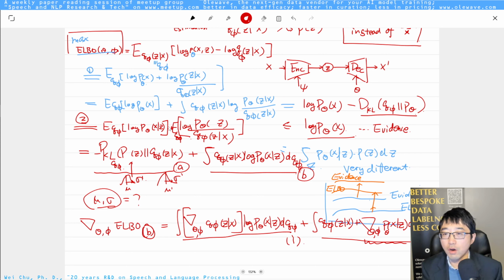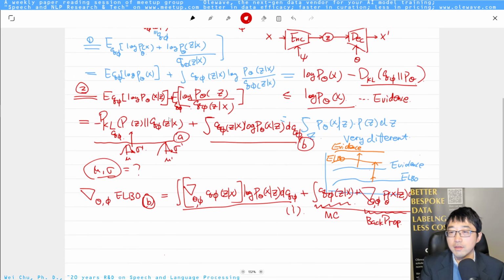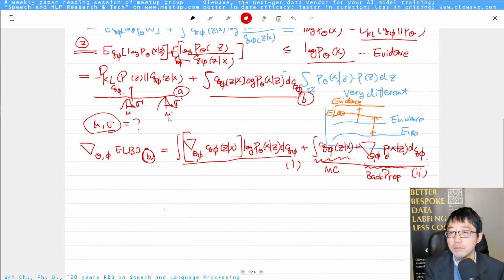You can just use autograd or backpropagation to compute this by looking at the samples that pass through the neural networks. And by doing this, this is simple, right? You can just do the Monte Carlo sampling. Then the second term will become what?